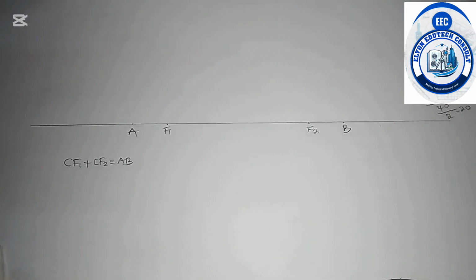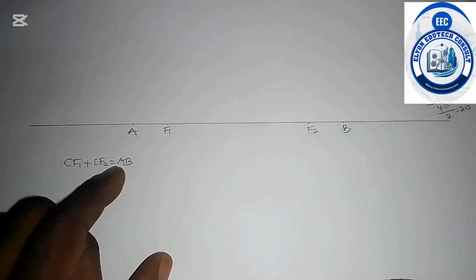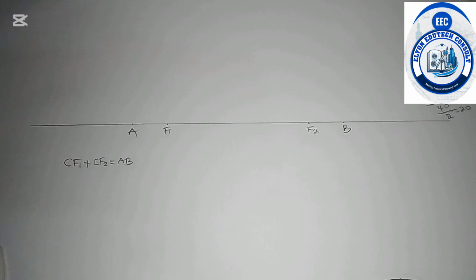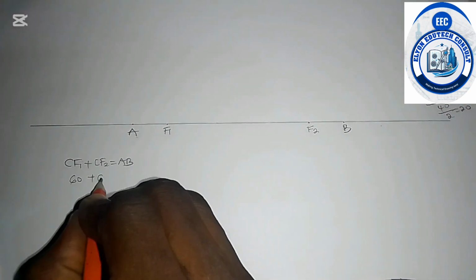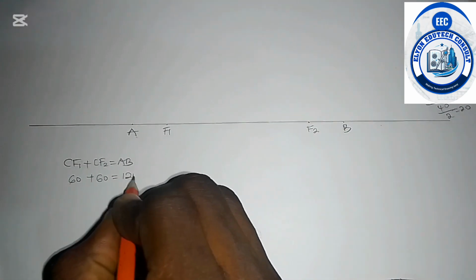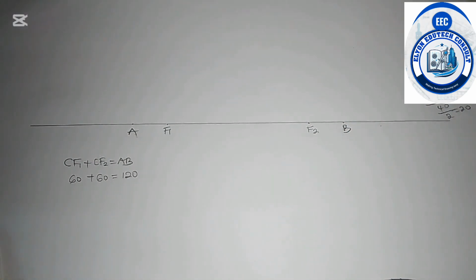So I'm taking two distances, which I sum, and by the time I sum them, they must give me the major axis. If I start with 60 plus 60, that will give me 120. That is one point.